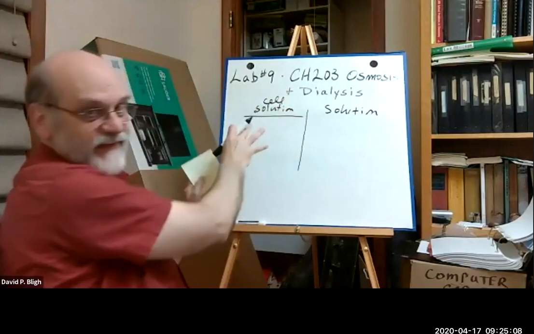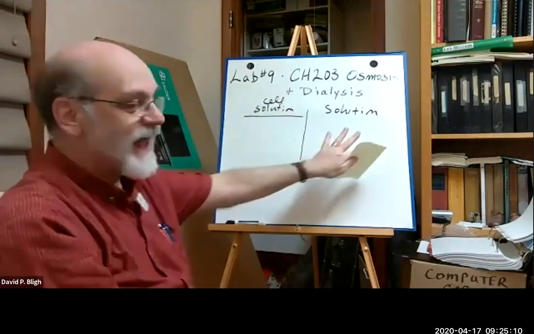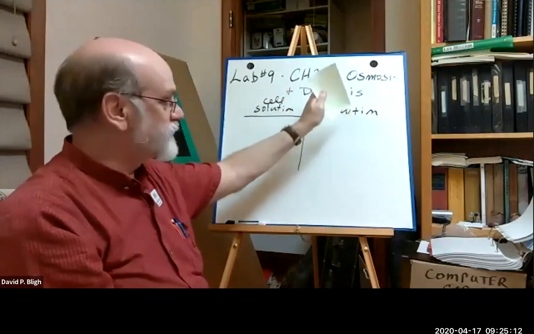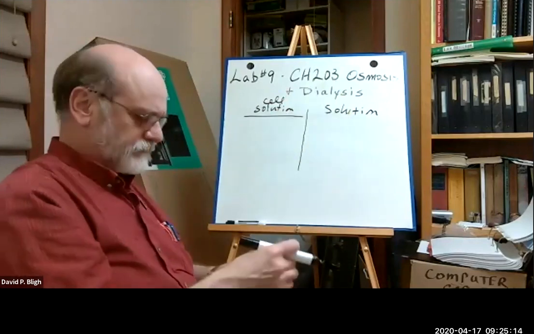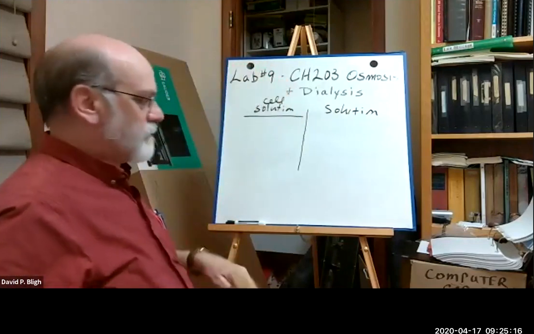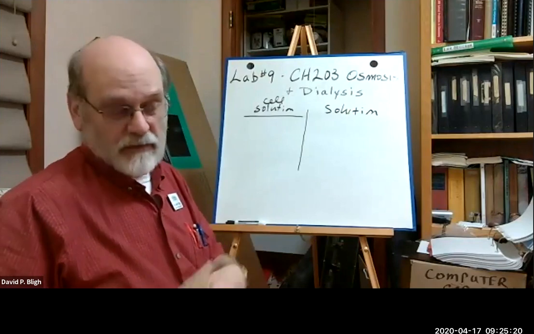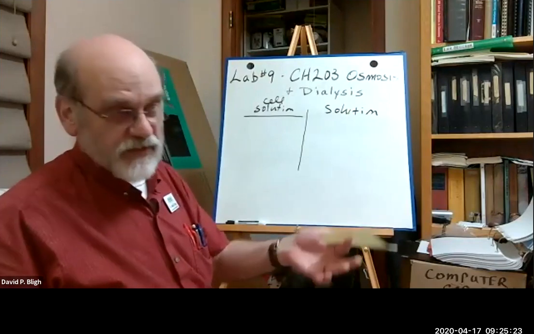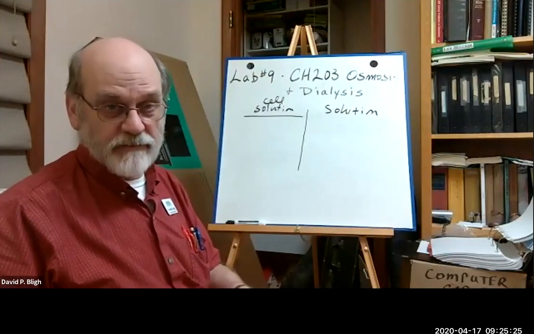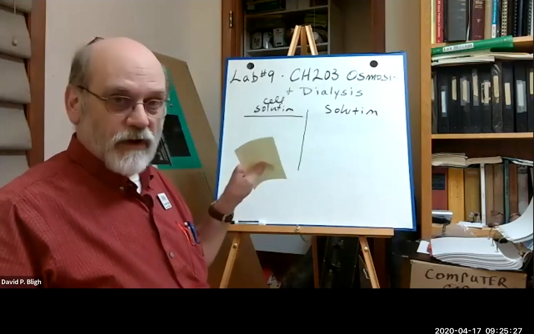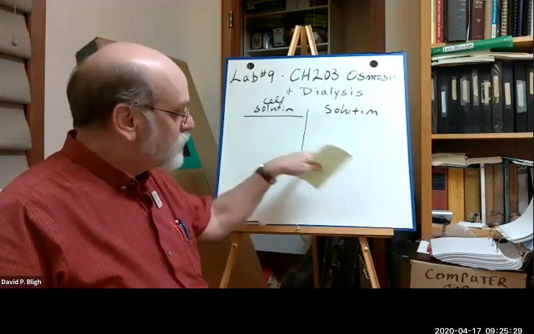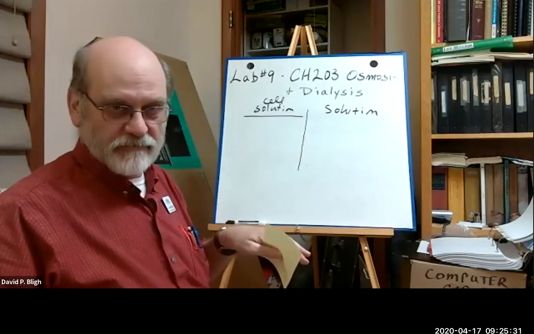This is inside the cell. This is outside the cell with the cell membrane in between. Now, for those of you who have had maybe even a biology course, but certainly anatomy and physiology, you understand that there are two basic ways to move things across the cell membrane.